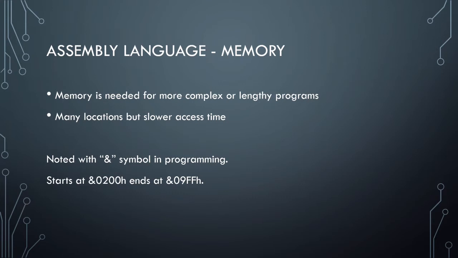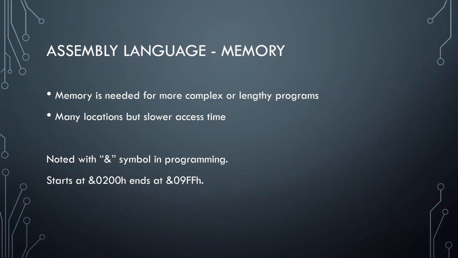We talked about how we may note registers in programs, and memory is a little bit different. Memory is noted with an ampersand symbol, that's that little and symbol before the number. And then we typically have a 4-digit hexadecimal memory location. Our first available location is the number 0200 in hexadecimal.